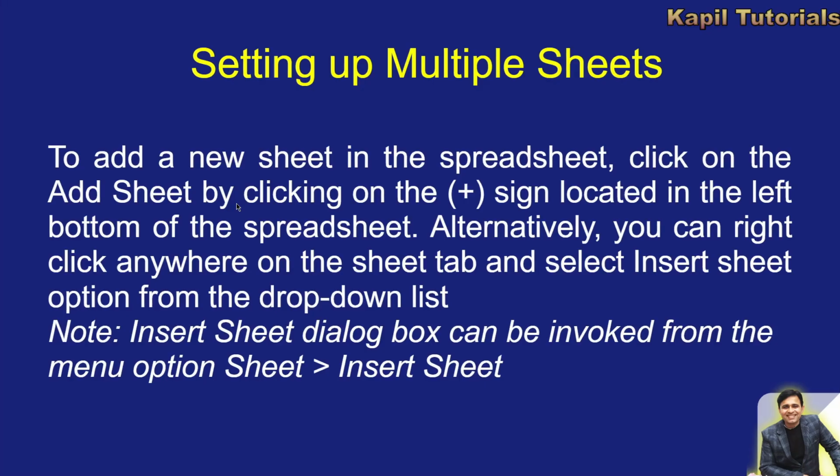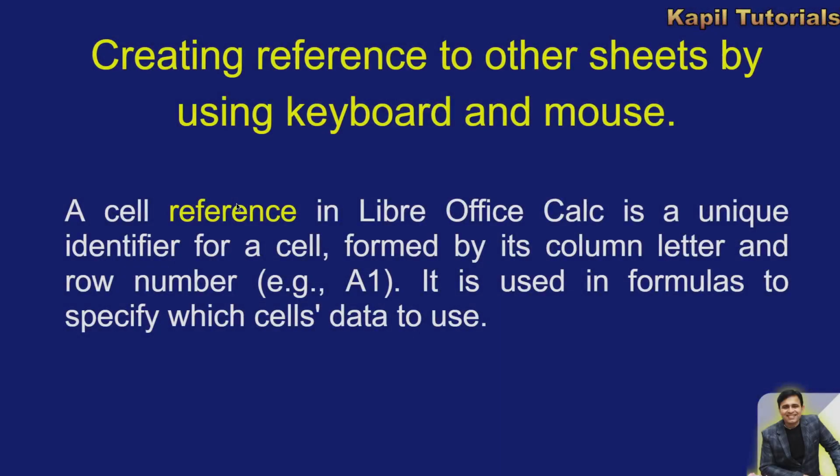Now moving to the next topic, creating reference to other sheets by using keyboard and mouse. So first of all, what is a reference? A cell reference in LibreOffice Calc is a unique identifier for a cell. Actually, we identify each cell by the row number and column alphabet, found by its column letter and row number, for example A1.